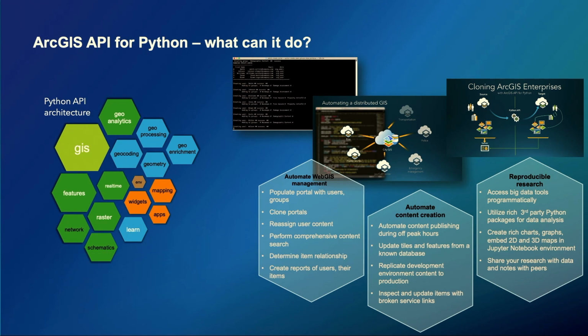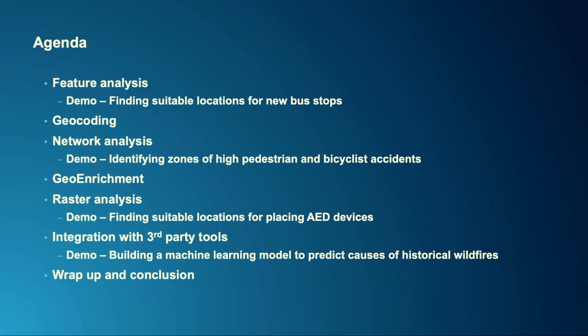To get started, this is what we're going to look at today. We're going to start with looking at standard spatial analysis or feature analysis. We'll do a little bit of demo, one example of finding suitable locations for siting new bus stops. We'll look at how you can perform geocoding, network analysis, geo-enrichment, and how you can analyze imagery or raster data, another suitability example over here.